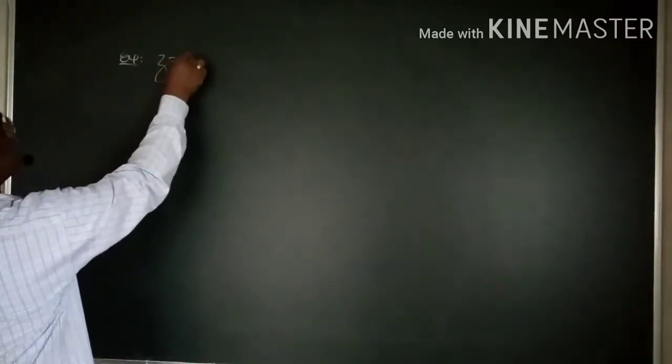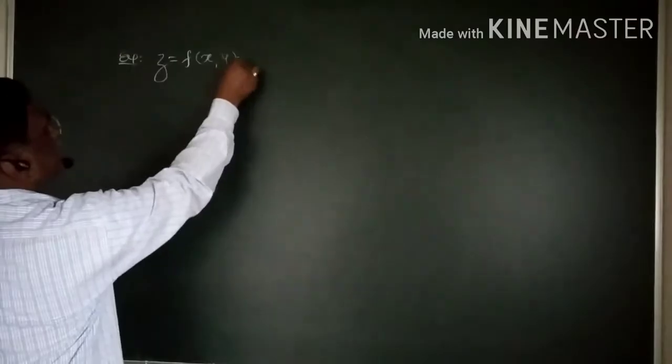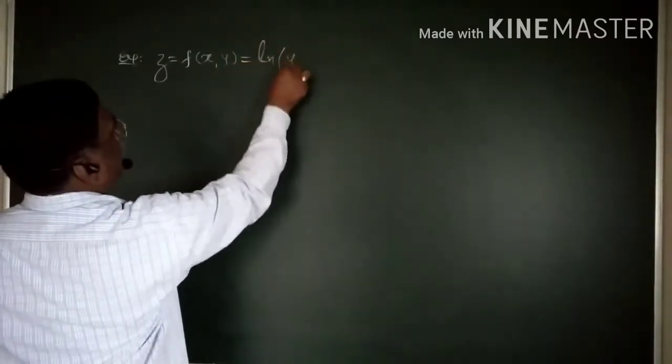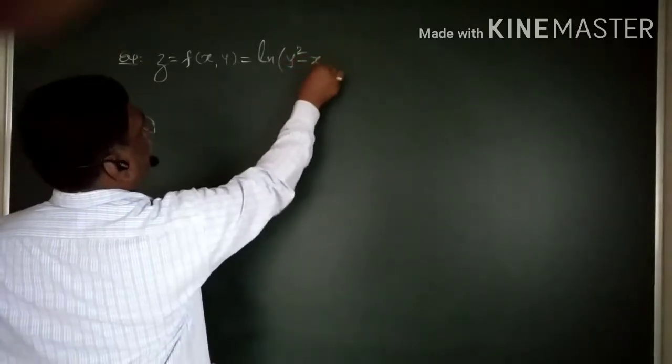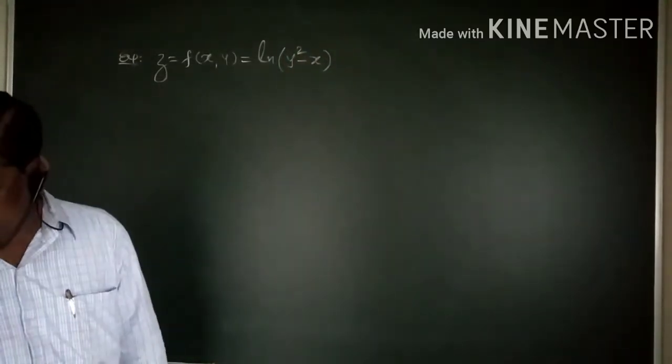Z is equal to f of x y, which is equal to log of y square minus x.